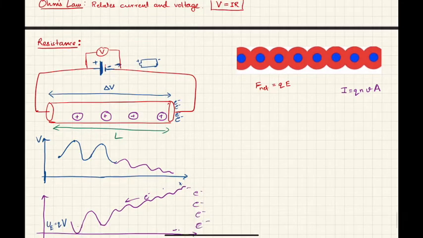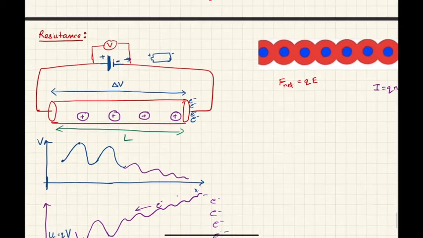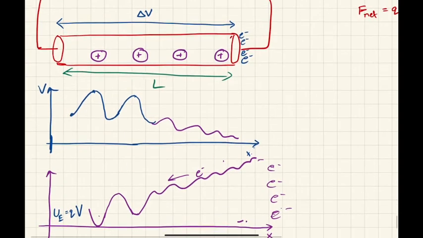So coming back to the picture, if I thought about one, say, cylindrical component of a resistor, and it had some length, it is of length L, right? And if all the electrons for some reason are on this side initially, eventually all the electrons will flow through, but I'm just looking at the initial picture. So there's some excess of electrons here, so that will create a potential difference like we showed last time.